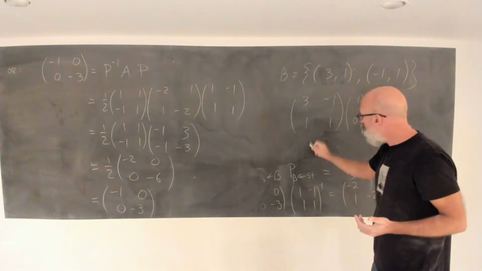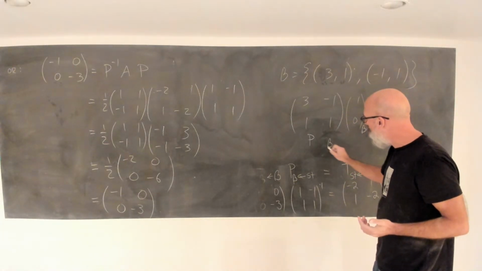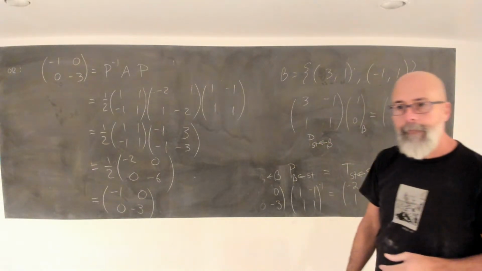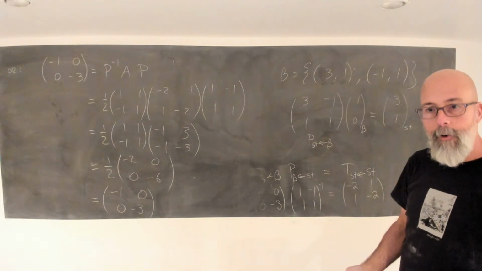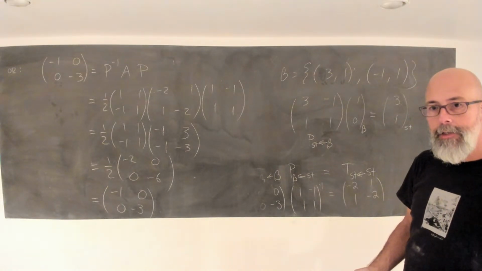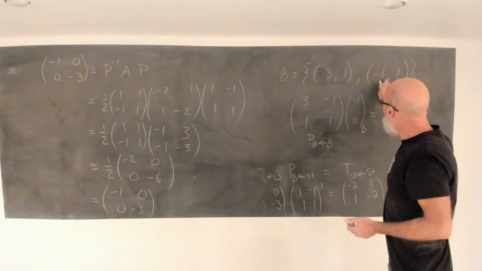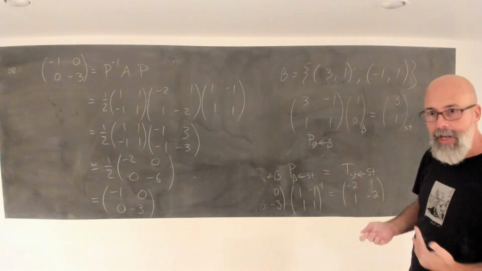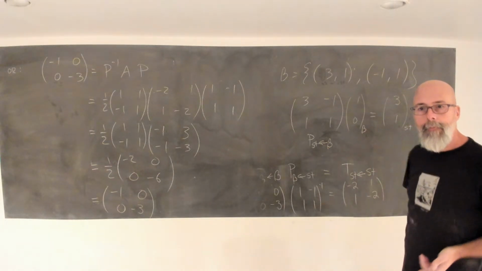So this is the change of basis matrix from B to standard. You never have to remember what it is because you can always work it out. Put your basis elements as columns. It gives you a change of basis. Just figure out which one it is.